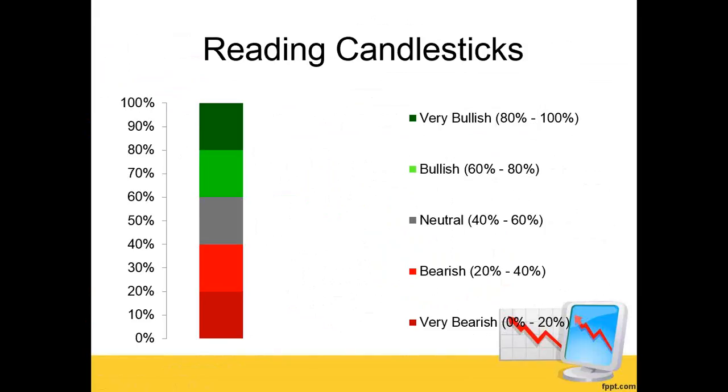So it looks a little easier. Imagine that this is your whole candlestick. You have 100% to 0%. Now, the best way to look at it is where the candle closed. So let's say this is your whole candle, and it closed from 80 to 100%.